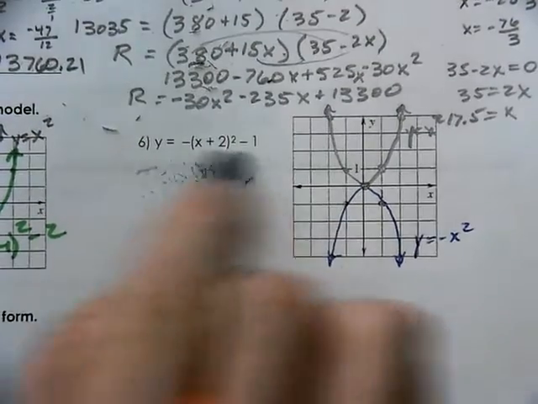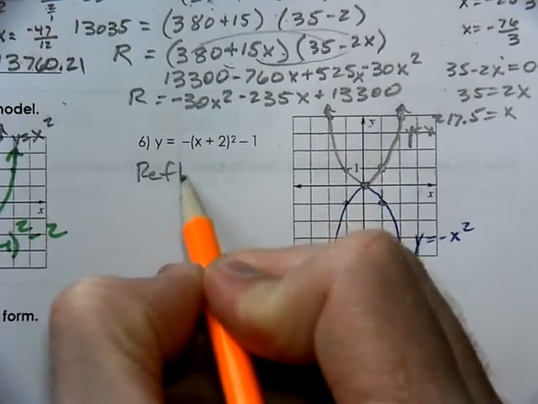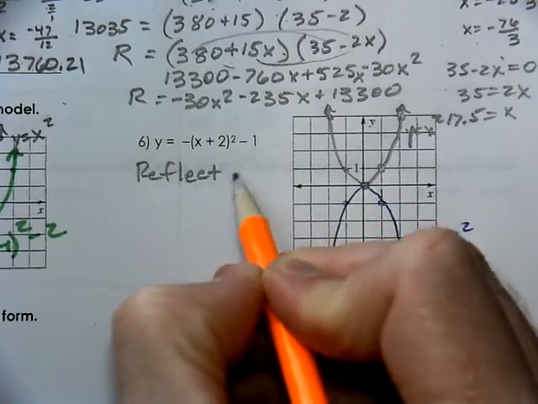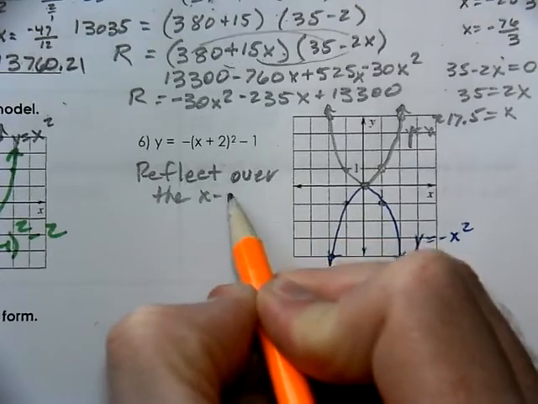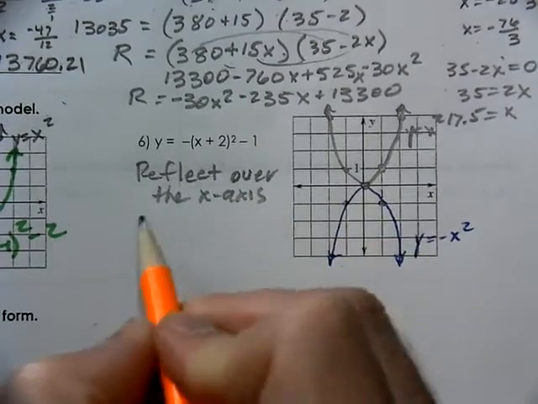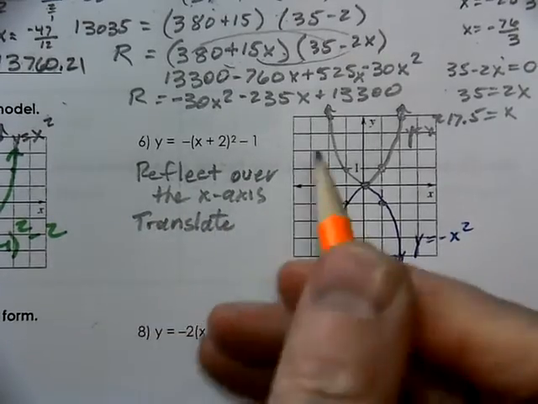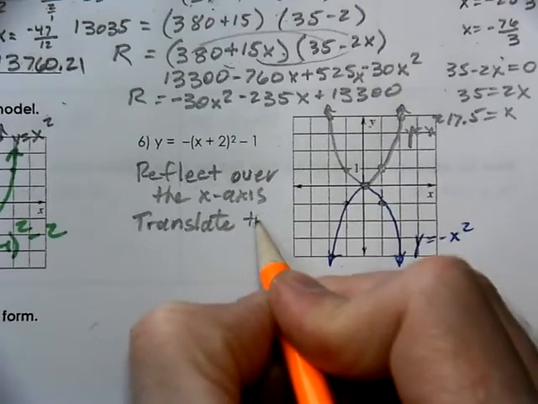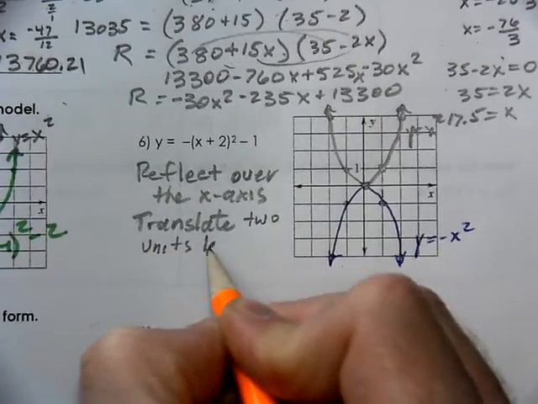We're first going to reflect over the x-axis. And then we're going to translate 2 units left.